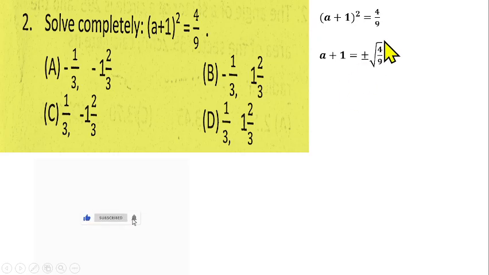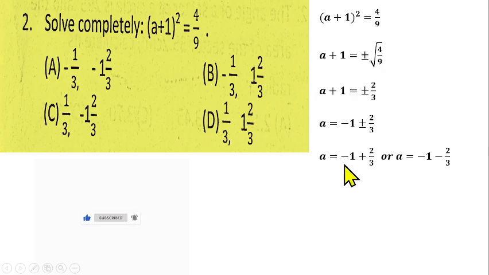So from there, if you find the square root of 4 over 9, that will give us 2 over 3. So you have a plus 1 equals plus or minus 2 over 3. Then take 1 to this side, you have a equals minus 1 plus or minus 2 over 3. And we know that this one means two statements: a equals minus 1 plus 2 over 3, or a equals minus 1 minus 2 over 3. You find the LCM of this.